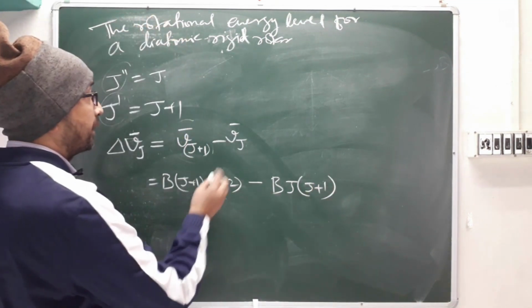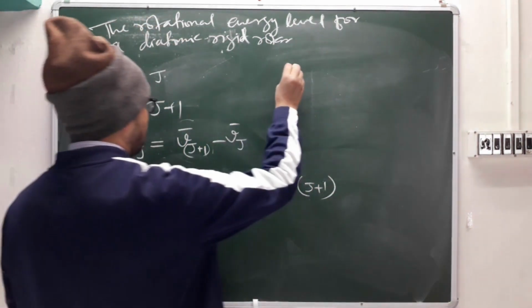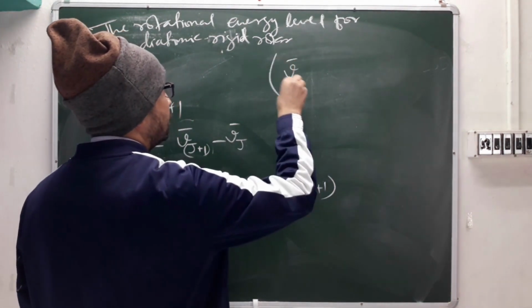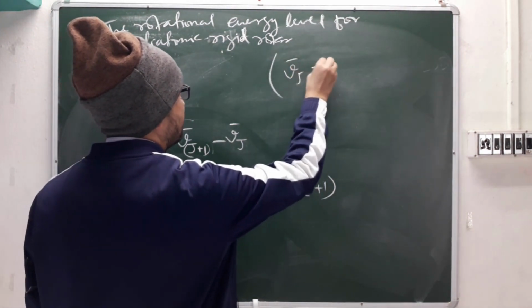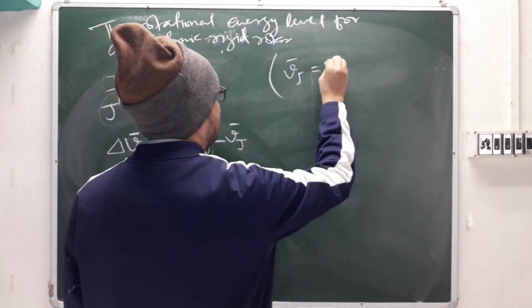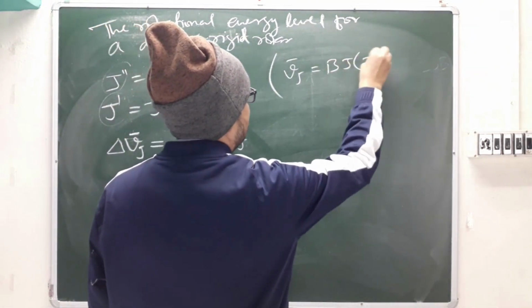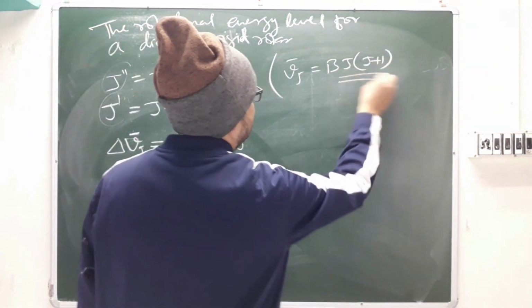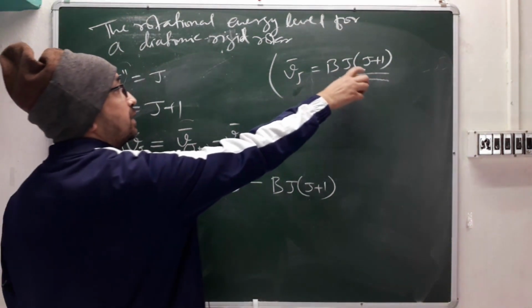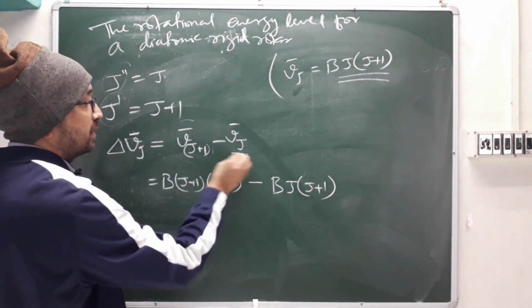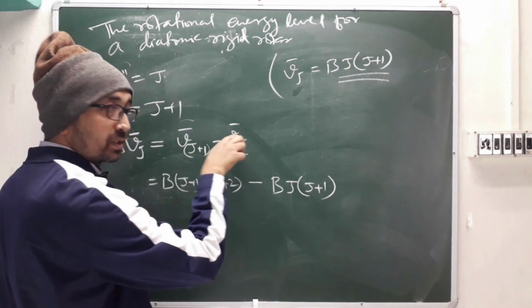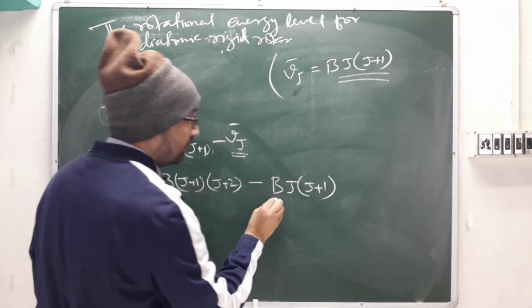This formula we have drawn initially, and we already know nu bar J equals B J (J plus 1).